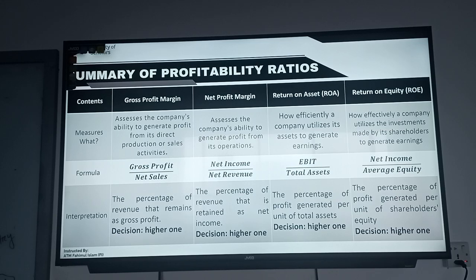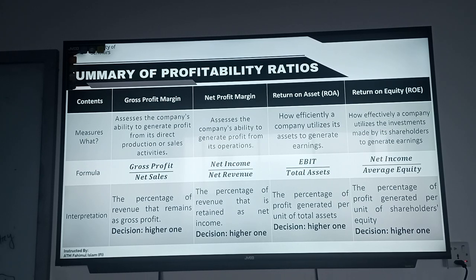It indicates the percentage of profit generated per unit of total assets. A higher return on asset indicates that the company is more effective at utilizing its assets to generate earnings.